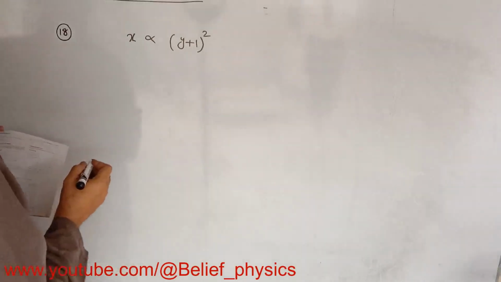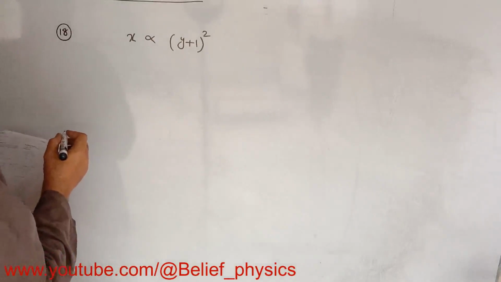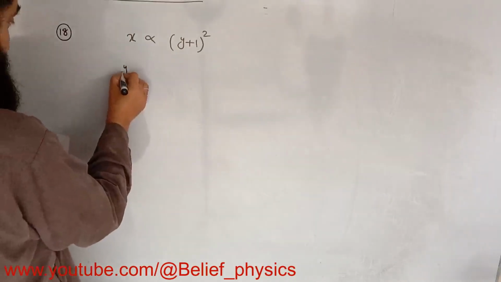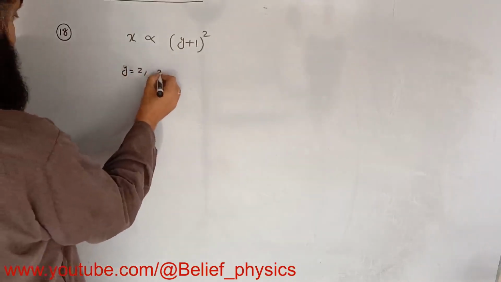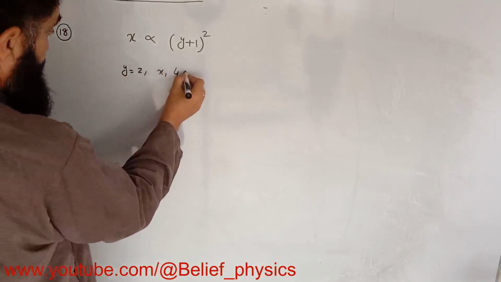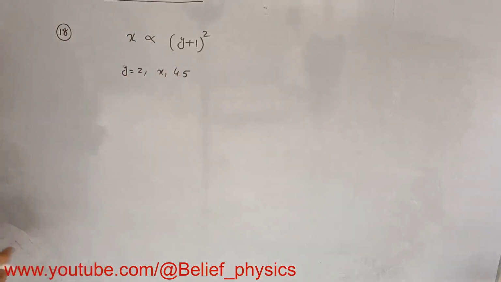The question is: when y is equal to 2, x is 45. When both values are given, they are used to establish a relation between x and y.